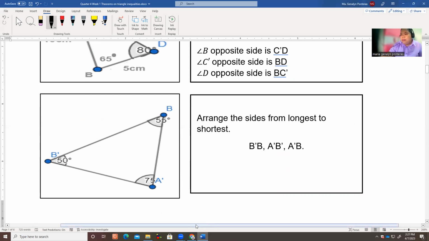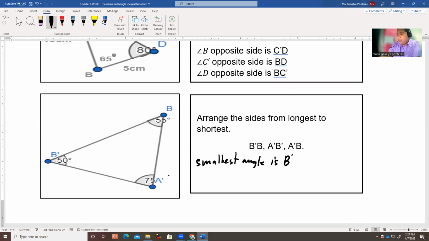As you can see, we have no numerical measures for the sides in these triangles, but our clue is the angle measure. So for the shortest side, let us look at the smallest angle first. The smallest angle is angle B prime.